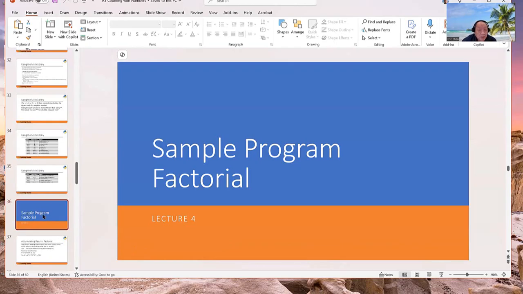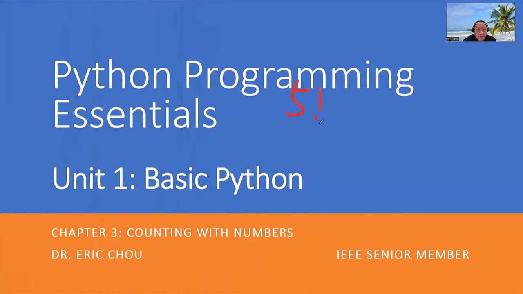Okay. Next one is the factorial function. Factorial function is n!. Aliena, what is n!? Have you learned this before or no?